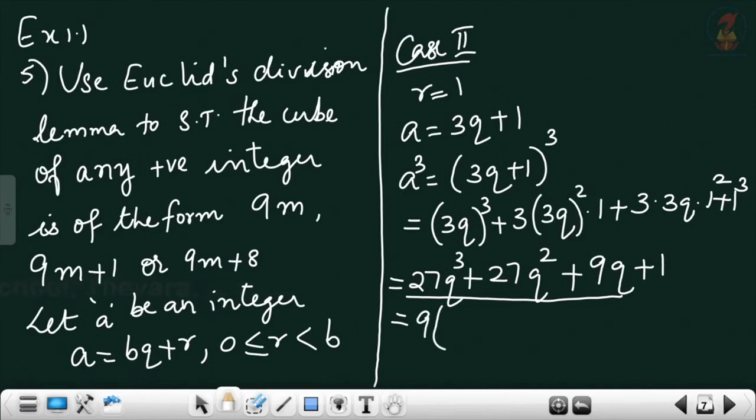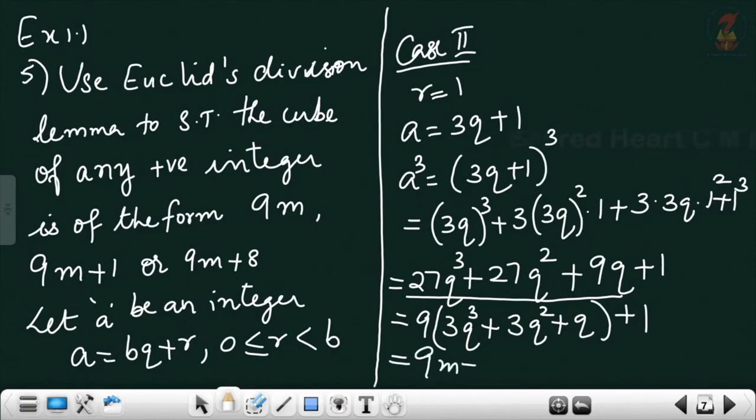So, it is 9 into 3q cube plus 3q square plus q, plus 1, which is equal to 9m plus 1, where m is equal to 3q cube plus 3q square plus q.